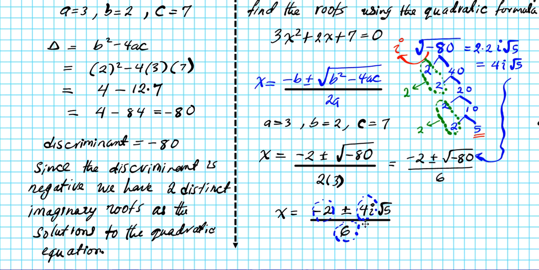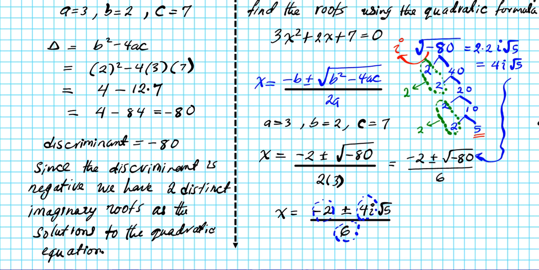And then we're going to ask ourselves, is there a number that goes into all three? Is there a greatest common factor that we can divide all three by? Okay, it's as though it's all or nothing. If we don't have something that goes into all three, then we're done. So what is the greatest common factor of 2, 4, and 6? The GCF is 2.